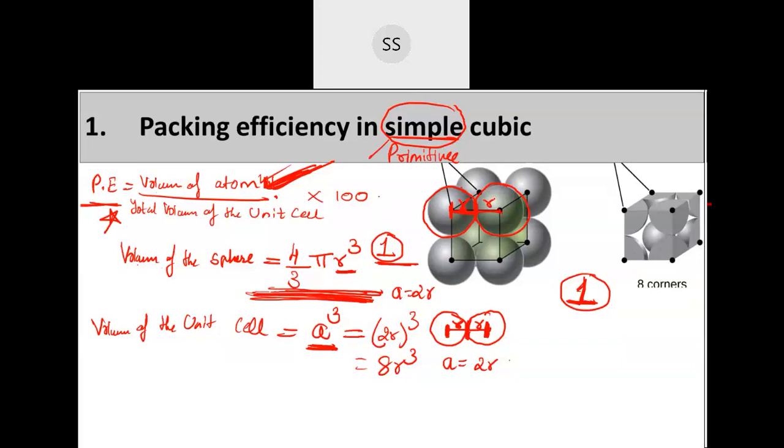So this edge length value will be equal to r plus r, that is 2r. Then you cube it, and you will get the volume of the unit cell. Then you have to divide and get the answer.